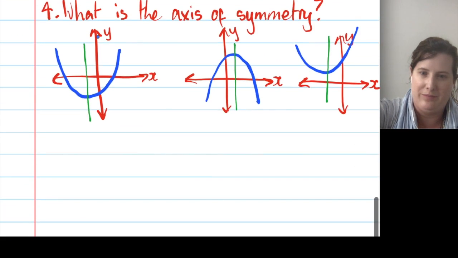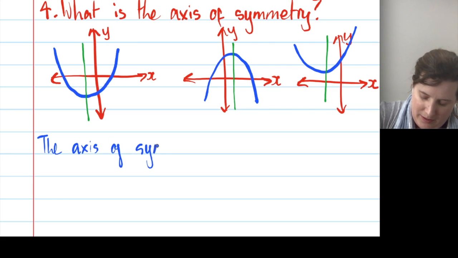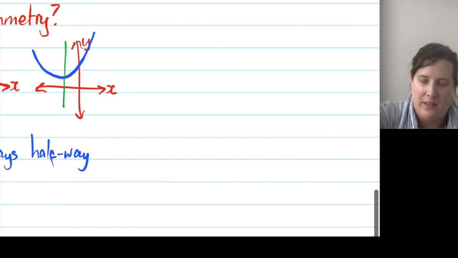Oh, I need to scroll. The axis of symmetry is always halfway between the x-intercepts.